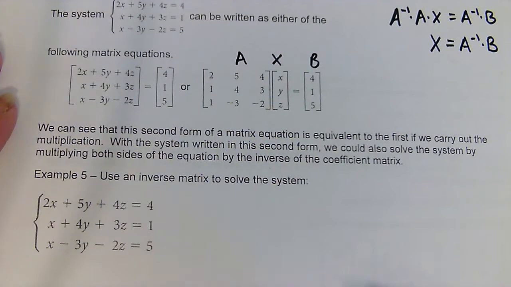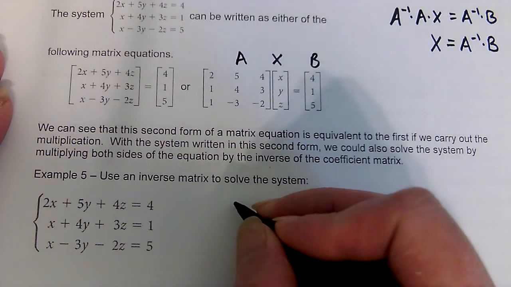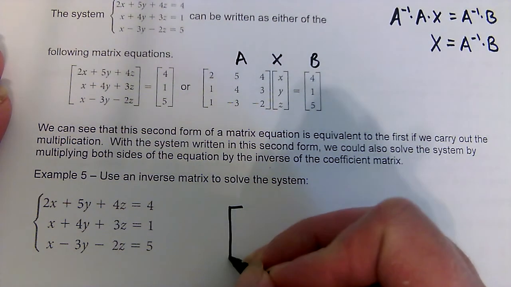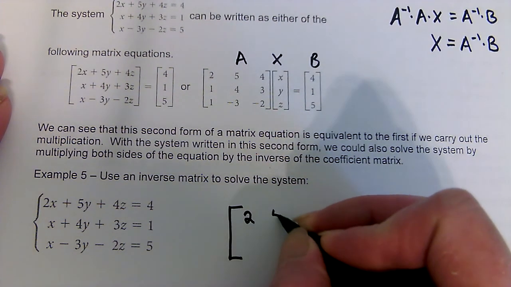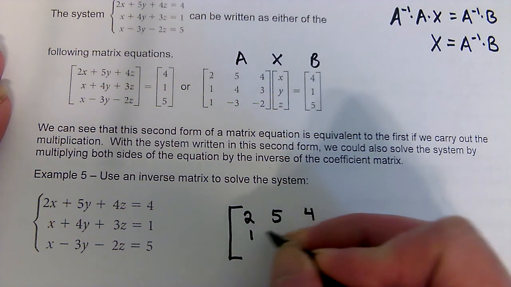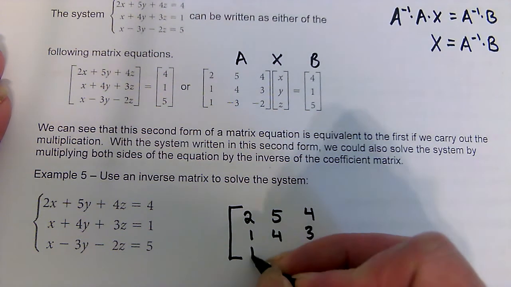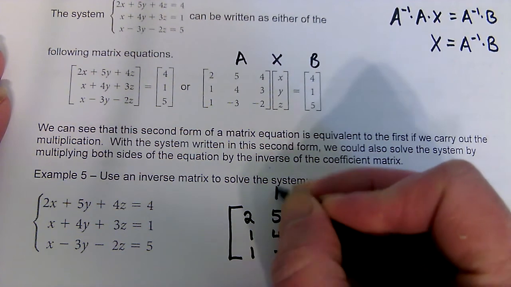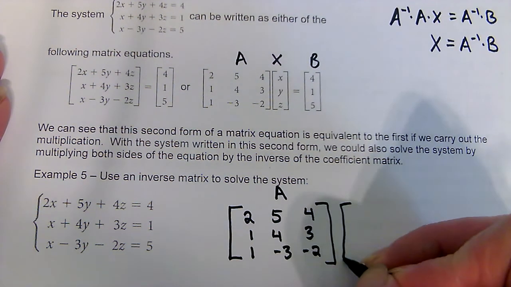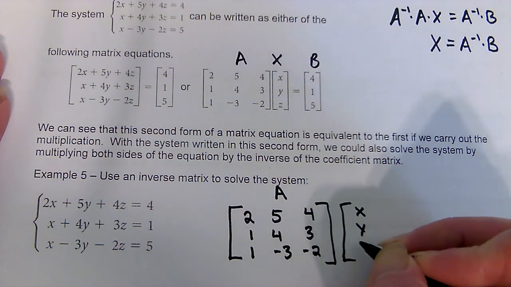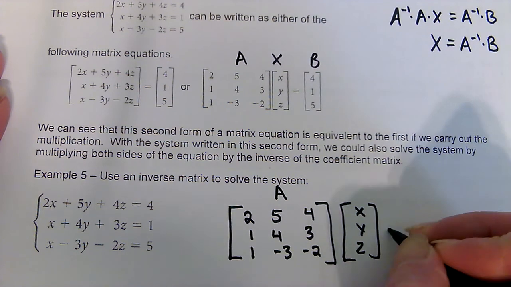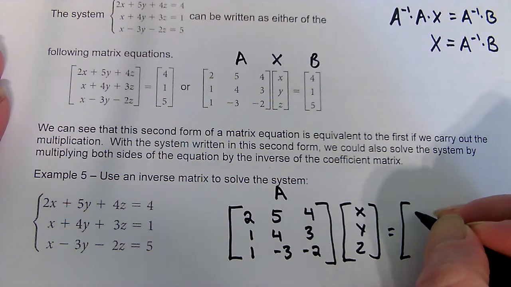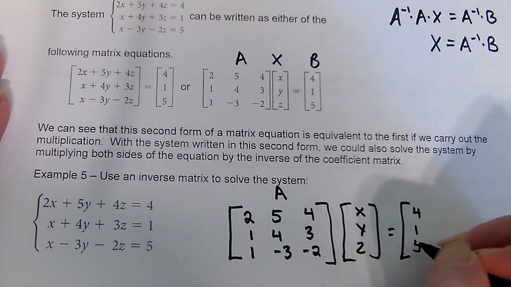So let's think about what would be our A. So we'd have, oh, this is the same problem. I didn't even realize that. 1, 4, 3, 1, negative 3, negative 2. That's going to go in as A. And the B is going to be 4, 1, 5.